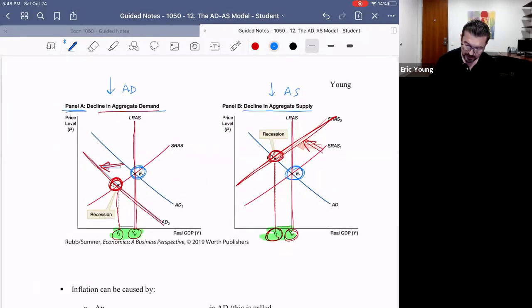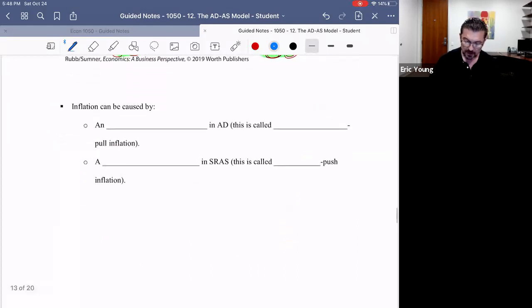Okay, let's now turn to inflation. When you think about gaps and you think about equilibriums, inflation can have two causes. Number one, inflation can be caused by an increase in AD. We call this demand pull inflation.